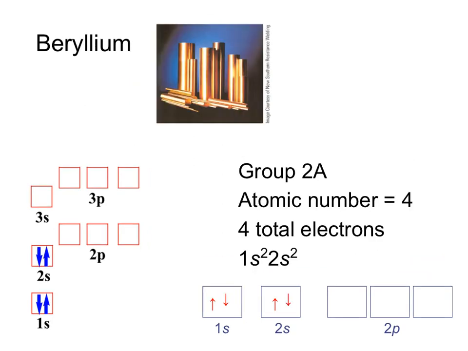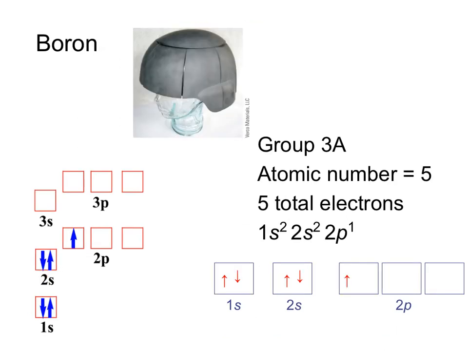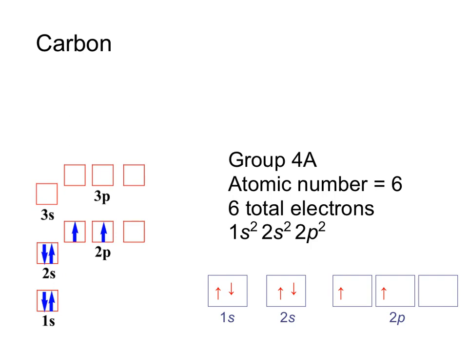Here we have beryllium, 1s2, 2s2, and so now we've filled our 2s orbital. And then getting larger and larger, boron, now with an electron in 2p1, carbon with 2p2, but again, you can see that we have one electron spin up in each of the 2p orbitals.